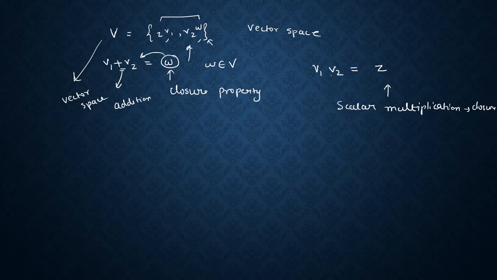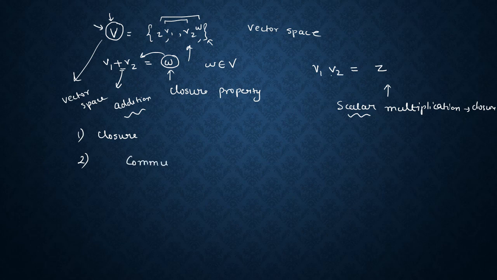Okay, so to be a vector space for any set, the elements must follow firstly the closure property. That means if you are adding or multiplying with any scalar, then the result should also belong to the main set. And the second property to be a vector space is that operation which you are doing, to have this V as a vector space, the space should follow these qualities.